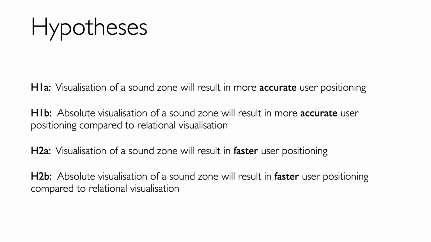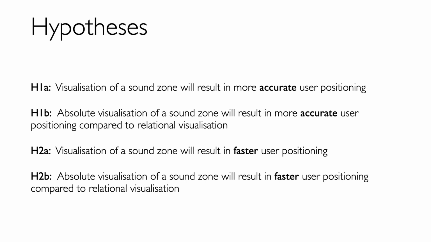To evaluate our visualization techniques, we constructed two different hypotheses. First, we want to test if a visualization actually makes user positioning more accurate, and whether the more direct visualization of the absolute visualization technique will outperform the relational visualization in accuracy.